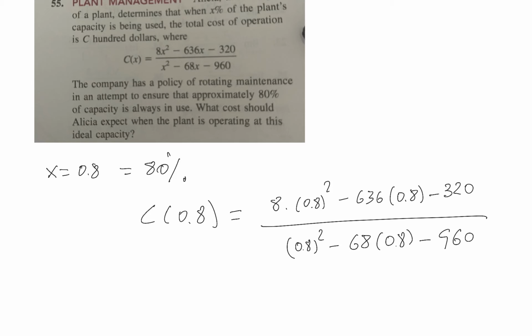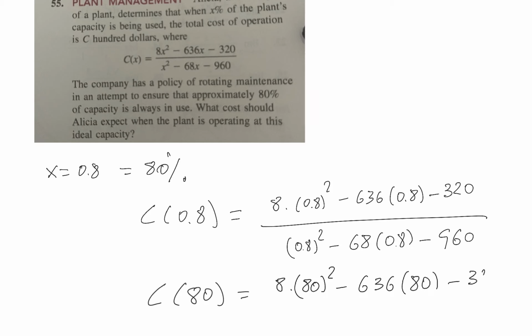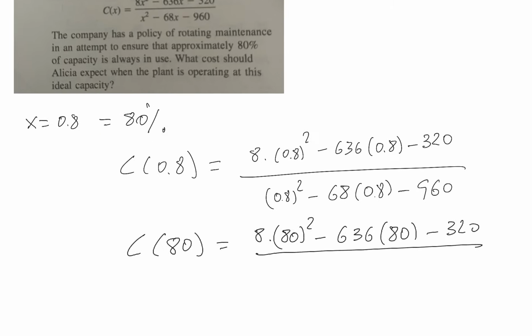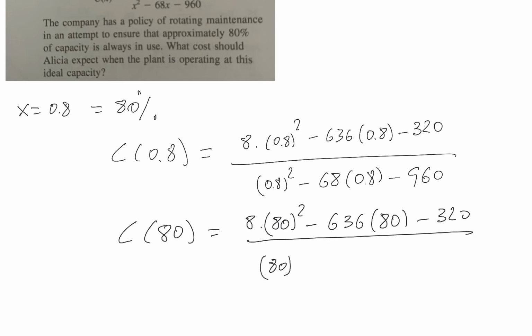Now, if x is the percent, it should be C of 80: 8 by 80 squared minus 636 by 80 minus 320, divided by 80 squared minus 68 by 80 minus 960.